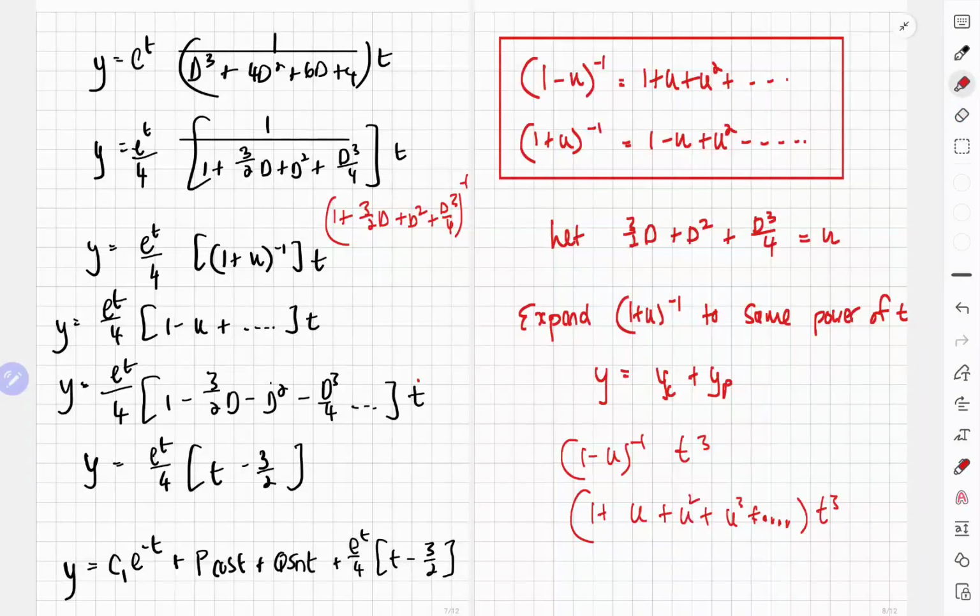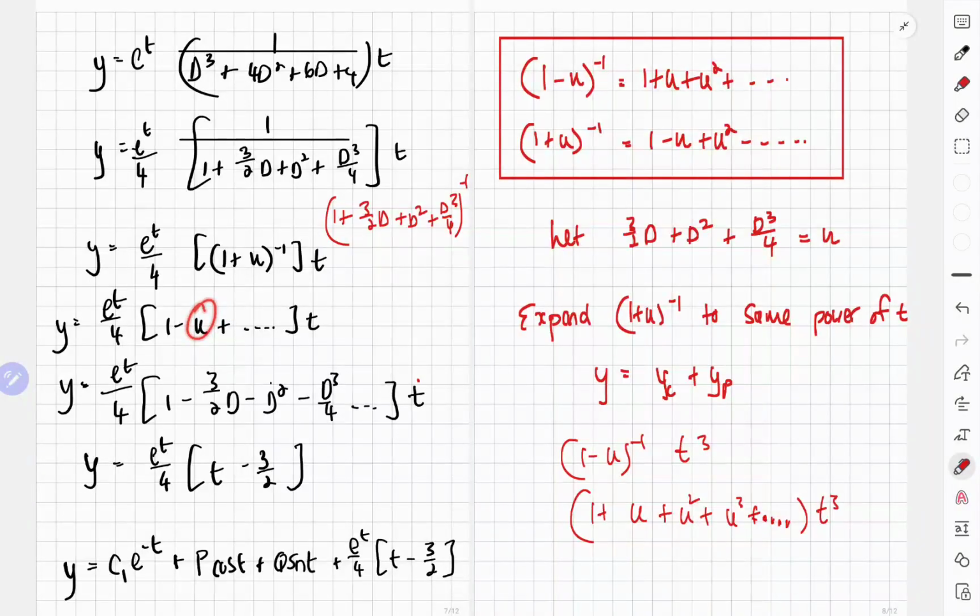I will explain it just now as we continue with the example. So that is very important, because often students fail to remember that they just have to expand to the same degree as the polynomial they're acting on. Now you'll see why it is.